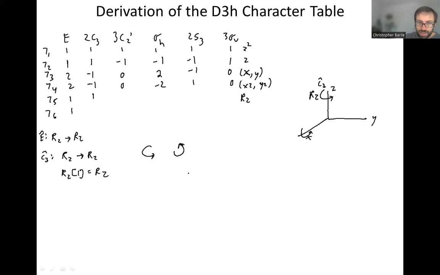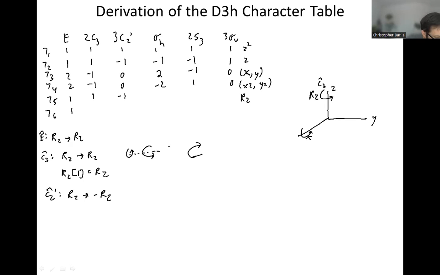So now we're doing a C2 on it, 180 degrees like that. Well, that's going to cause it to flip, and so the head and the tail are going to switch positions. We went from counterclockwise to clockwise, and so that is RZ going to negative RZ. That's going to get us a negative 1.